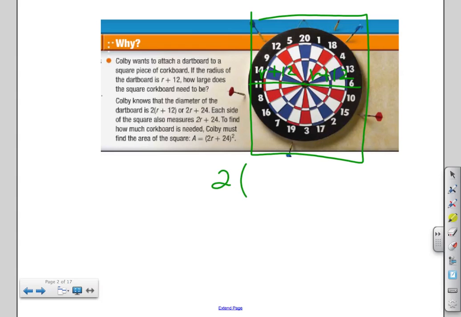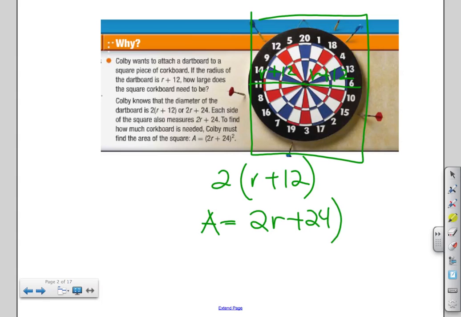So that would be 2 times r plus 12. That would give us the diameter. And if we wanted to find the area, we would do area times, oh, did I say 2r? Yeah, times the 2r plus 12. 2 times r plus 12, which would be 2r plus 24 squared.